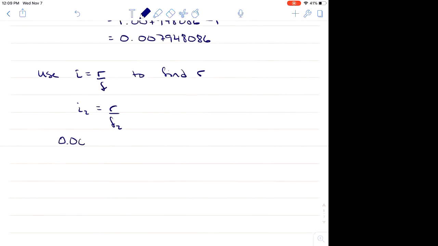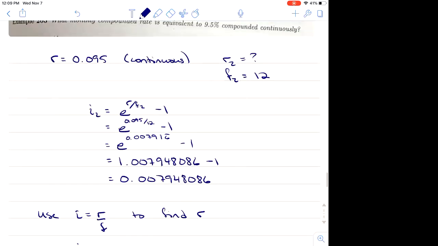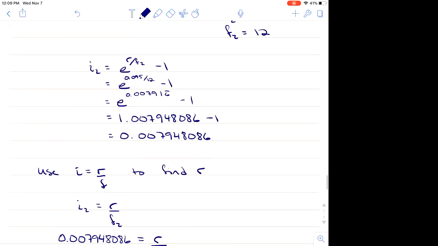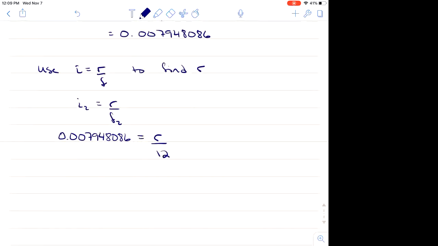I2 is 0.00794886, so you probably want to keep that on your screen. That equals R over our desired frequency of 12. Times that by 12, we get 0.095377036.